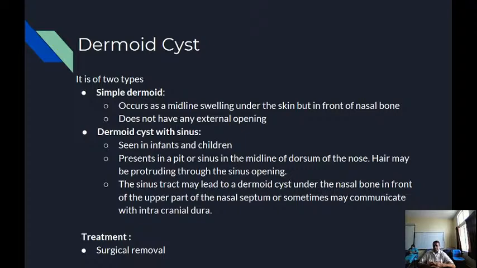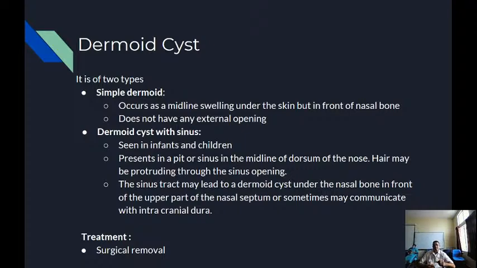Sometimes they have an external opening. If they have an external opening, when they get infected there is a small connection, which is called a sinus. Simple dermoids don't have a connection or a defect in the skin. They're just subcutaneous swellings, whereas the other dermoids are the ones with cyst and sinus. When the cyst ruptures, the sinus forms.